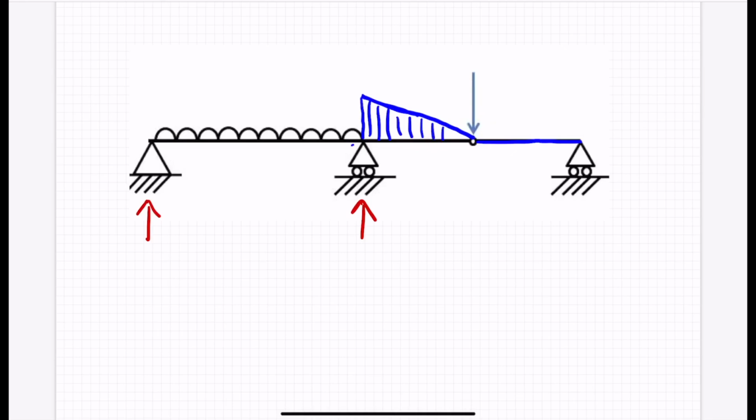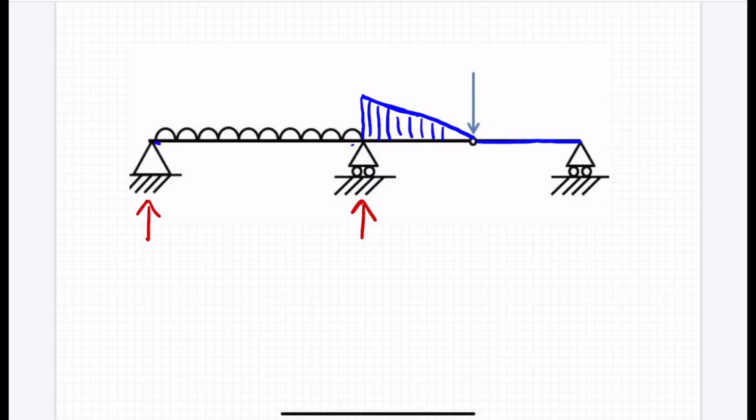Okay, so we've got a UDL, so we're expecting some kind of parabolic shape, because as we cut from left to right, the length of the UDL increases, the magnitude of the force increases and the lever arm increases. So we have a squaring term in the bending moment. That's a parabola, plus we've got linear variation due to that reaction as well. So we have quite a classic shape going on here.